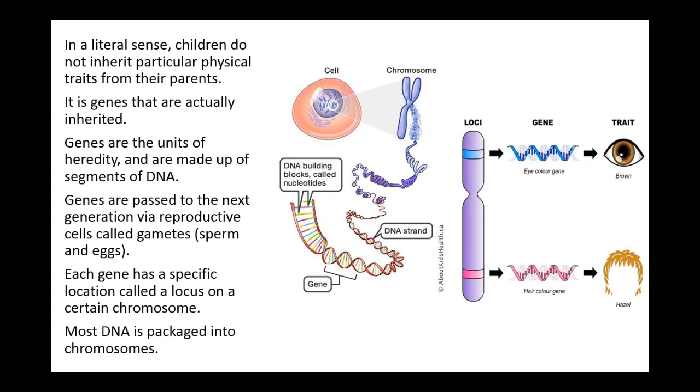So the word genes are units, I guess, and the variety comes in what kind of units you're talking about. But they are made up of DNA. And they are passed via reproductive cells called gametes. There's that word. And they are generally considered sperm and eggs.